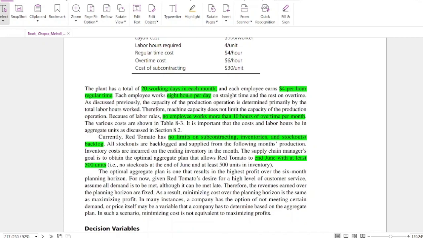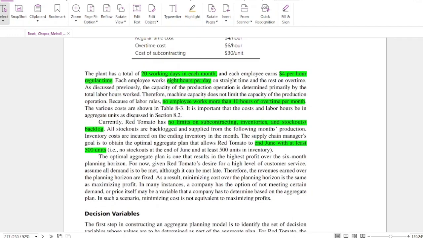So altogether 8 into 20, 160 hours of regular working per employee per month. No employee works more than 10 hours of overtime per month. So here is a constraint that every employee can work only 10 hours of overtime per month, on top of the regular 160 hours.